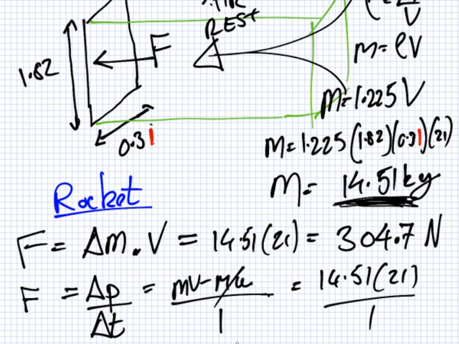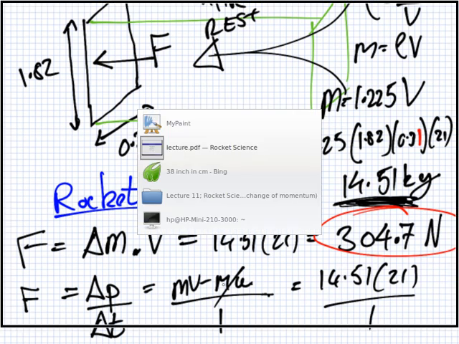So the person must push harder to walk through the wind, like today. That's kind of a lot, isn't it? 300 newtons. Anyways, can we go to the next one?